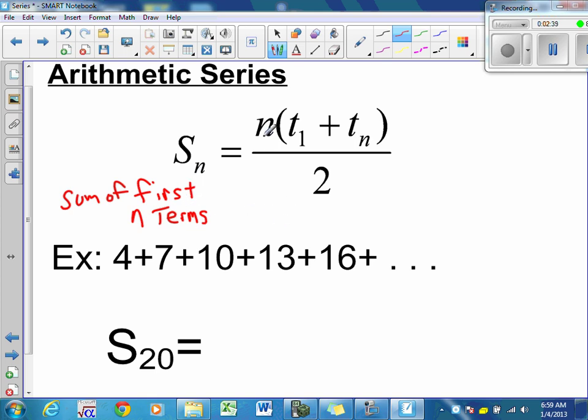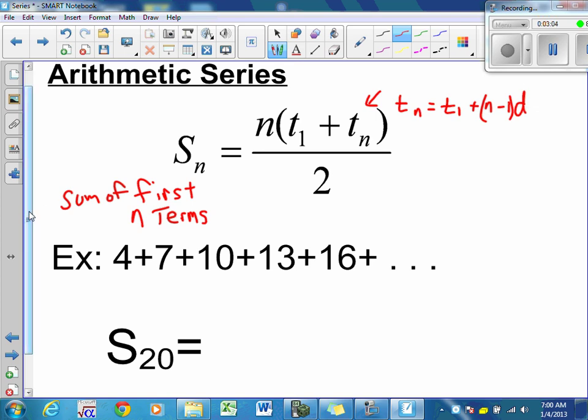And here's our formula: n times t sub 1 plus t sub n, over 2. And this t sub n formula, let me just point out, is the formula we've already done for arithmetic. So what we did before, we need to use that same formula.